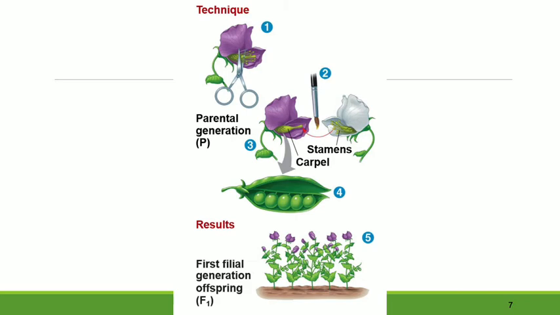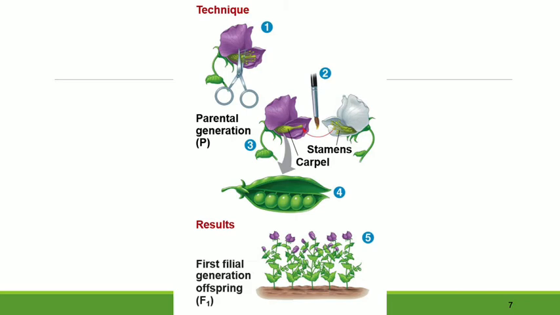Then he would use a paintbrush to dab the pollen from a different plant, and then he would tap it onto the female part of that plant that doesn't have any pollen on it. So in this way, you can ensure that it is the sperm from the white flowered plant that fertilizes the eggs of the purple flower plant.